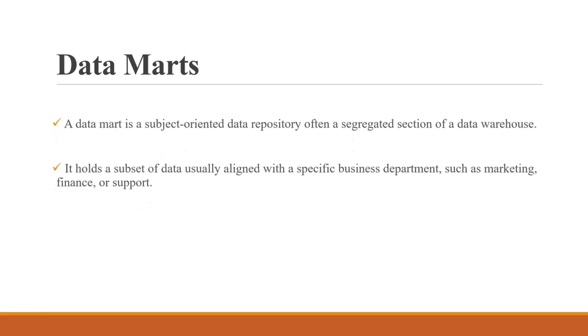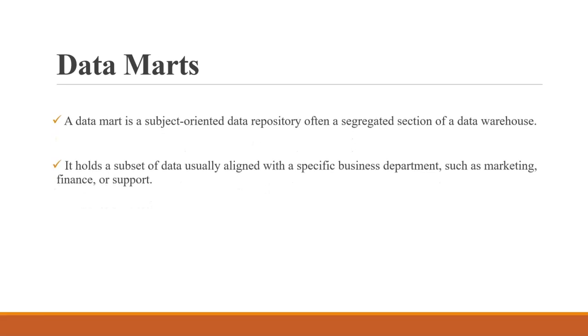The fourth one is data marts. A data mart is a subject-oriented data repository, often a segregated section of a data warehouse. It holds a subset of data usually aligned with a specific business department such as marketing, finance, or support.